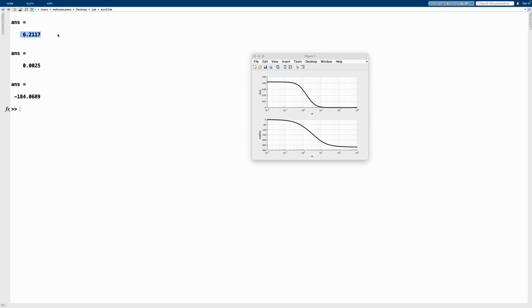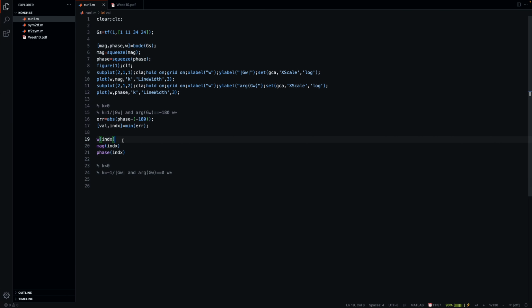So there we go. We have something here, something here. This is the frequency, this is the magnitude, and this is the phase angle. So let us define them as omega val, mag val, and phase val. Let's display them basically.